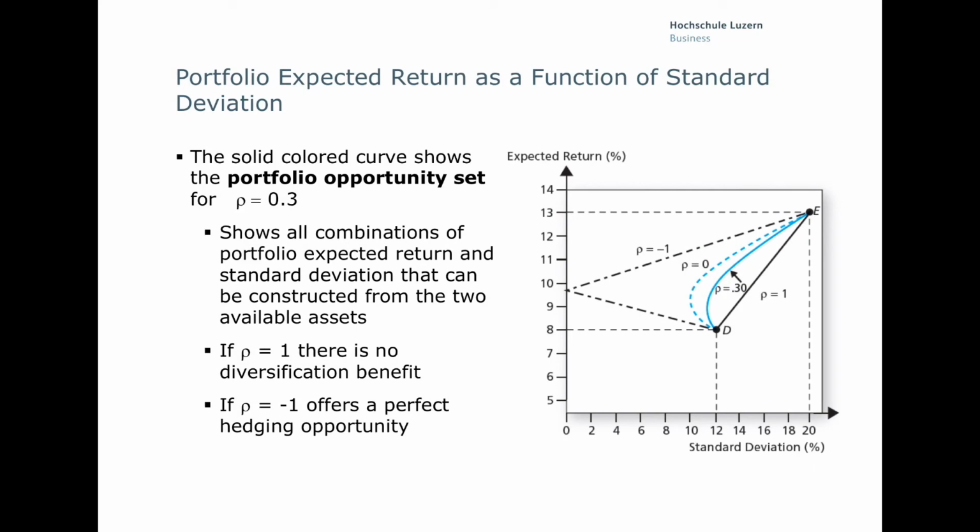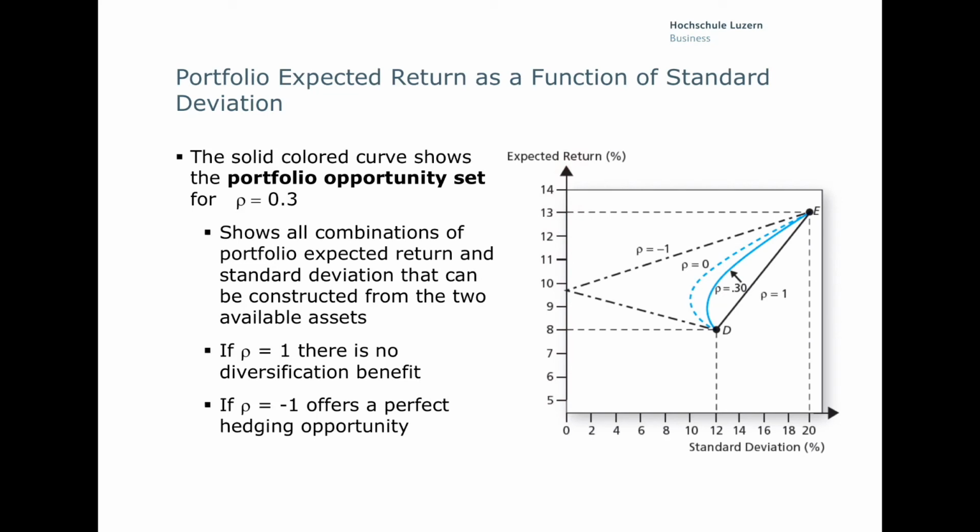Portfolio expected return as a function of standard deviation. Now we can combine the findings of the previous slide to demonstrate the relationship between the portfolio risk, standard deviation, which is new, and the expected return. This is done in the graph below.